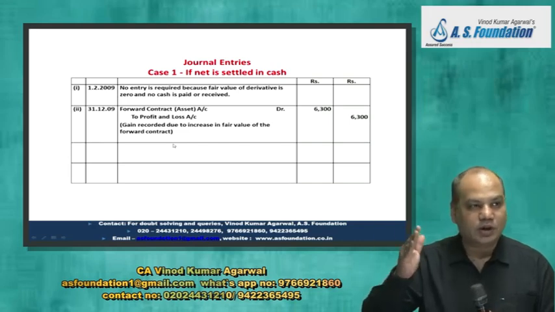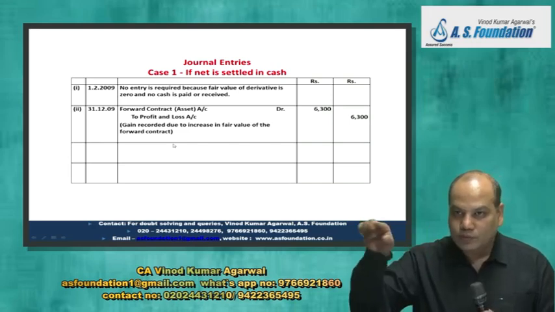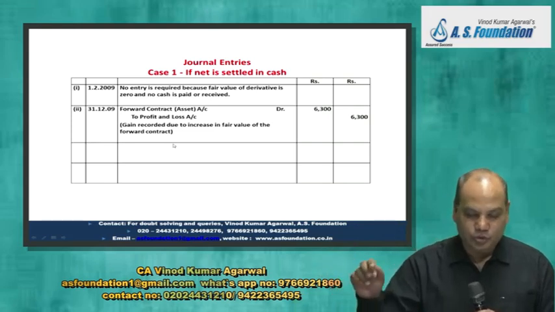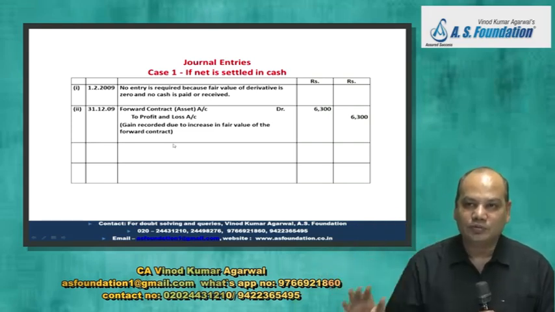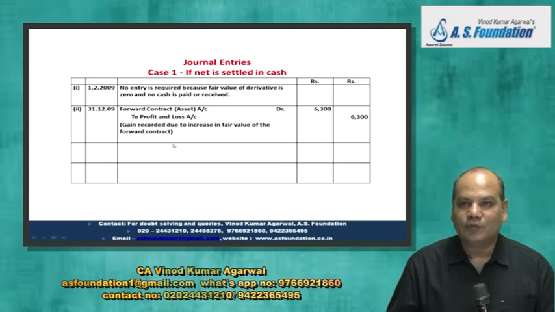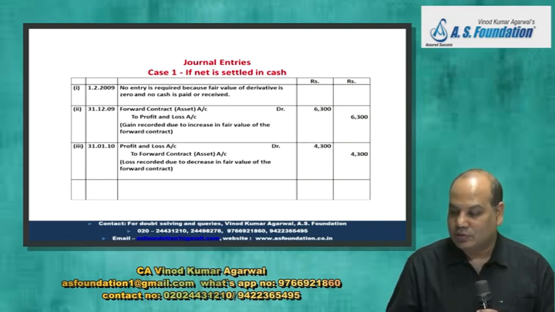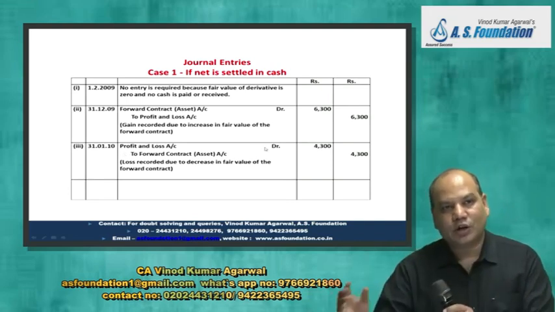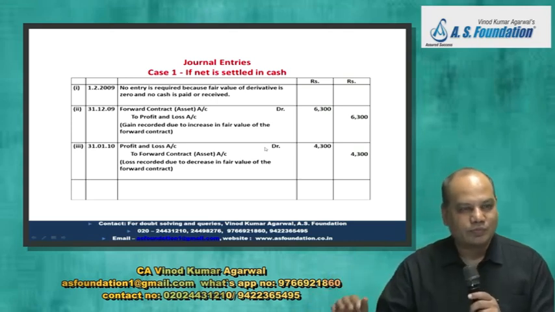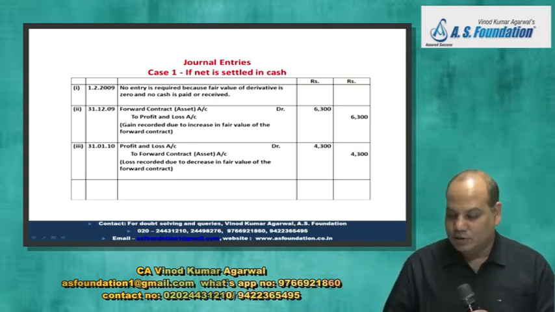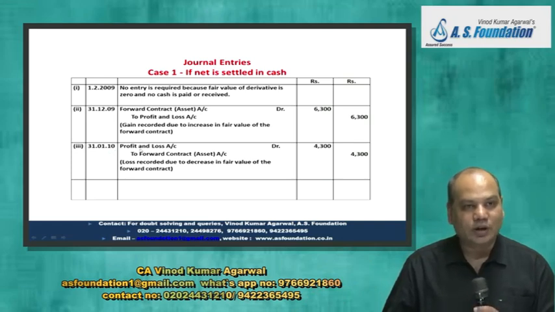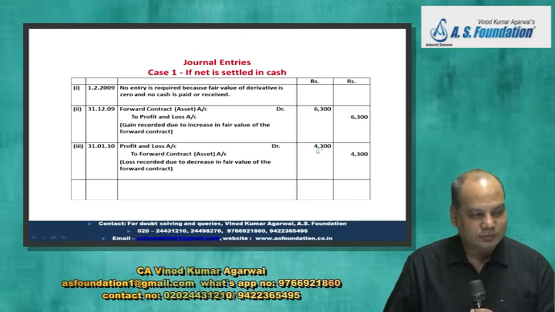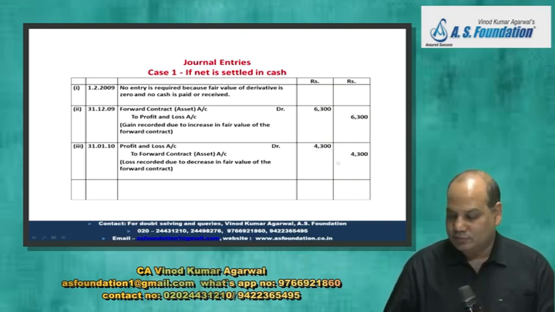From 6,300, you have moved down to 2,000. So entry will be passed for 4,300. Yes, you have to reduce it. You have to reduce the value of the forward contract to 2,000, which means you have to pass an entry like this. 31st January 2010, P&L account debit 4,300 to forward contract.